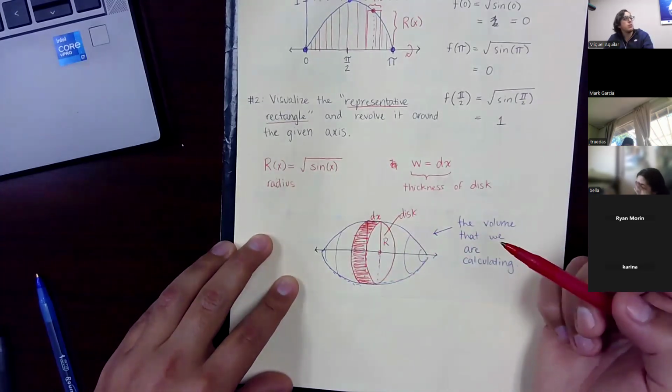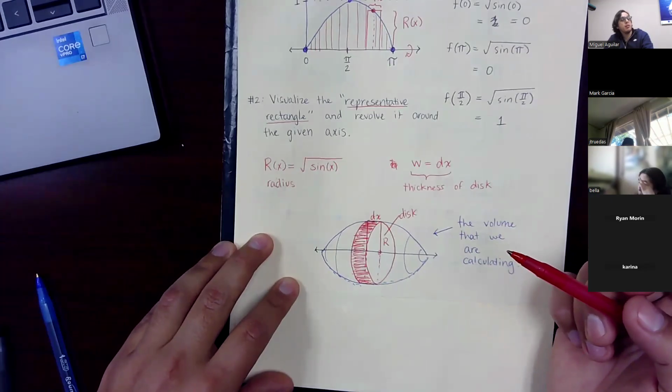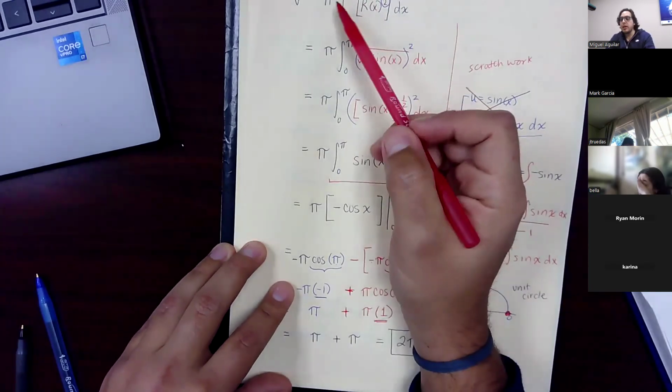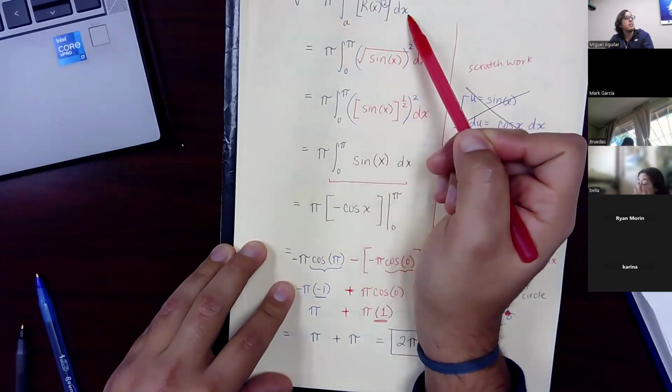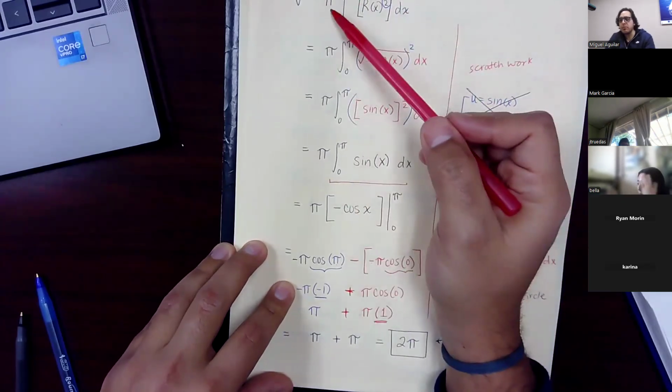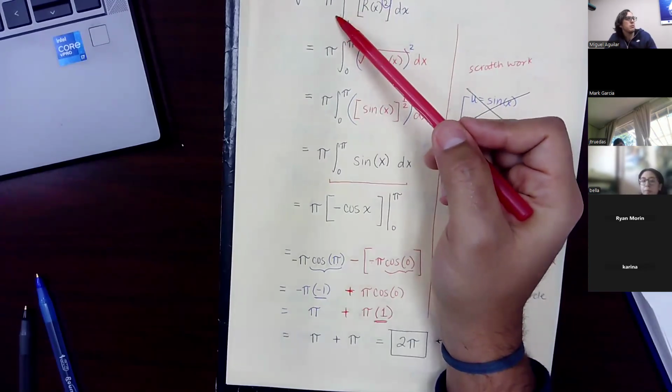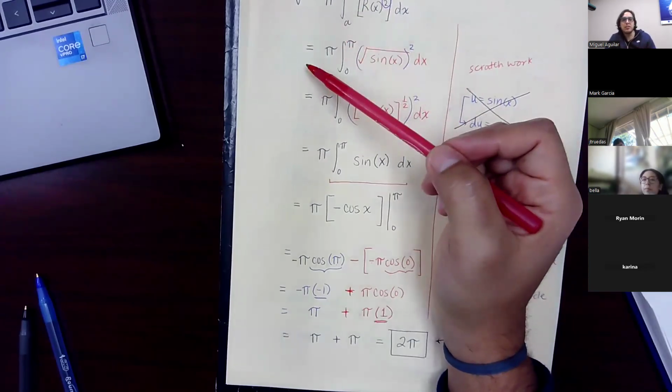And so that's where that washer or that disk is coming from. Okay. So that's why I was able to pull out that formula pi r squared dx. In some textbooks, they put the pi on the inside of the integral, but since we know that's a constant, we can just pull it out of the integral. So you'll always see me write it on the outside of the integral.